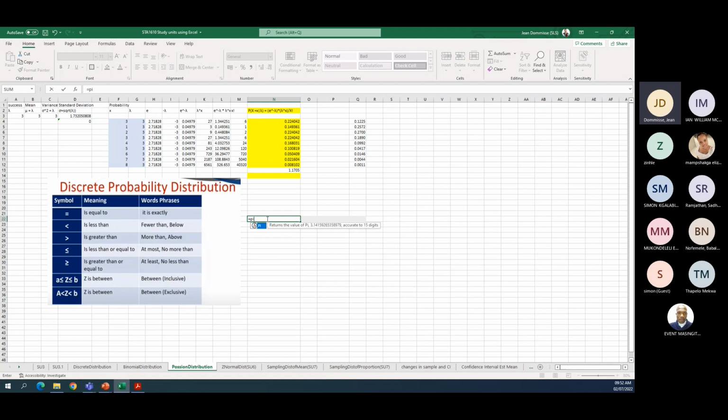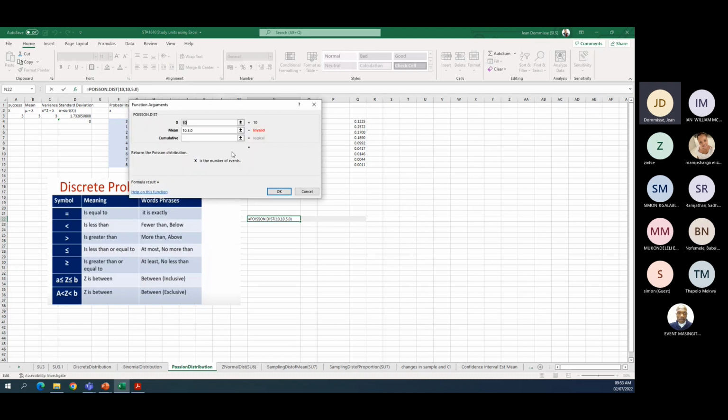We're working with Poisson. What do they ask in this? X, mean, cumulative. The X was 10, the mean is the lambda, so that was 10.5. It is not cumulative.